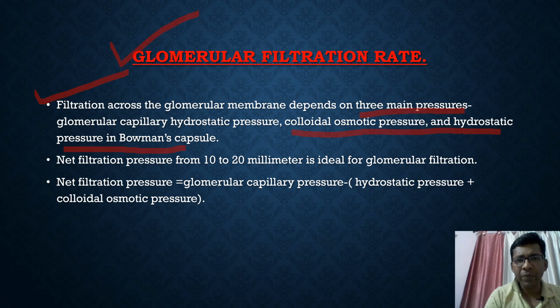The net filtration pressure of 10 to 20 millimeter is ideal for glomerular filtration. This pressure helps the glomerular filtration, and the formula for net filtration pressure is glomerular capillary pressure minus hydrostatic pressure plus colloidal osmotic pressure. This may come in MCQ. All the things I am marking here are important for the theory part as well as for the MCQ part.